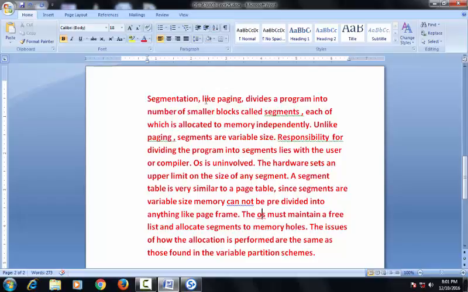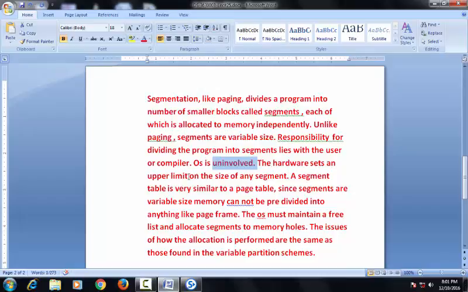Segmentation, like paging, divides a program into a number of smaller blocks called segments, each of which is allocated to memory independently. Unlike paging, segments are variable in size. Responsibility for dividing the program into segments lies with the user or a compiler. The operating system is uninvolved in this case.